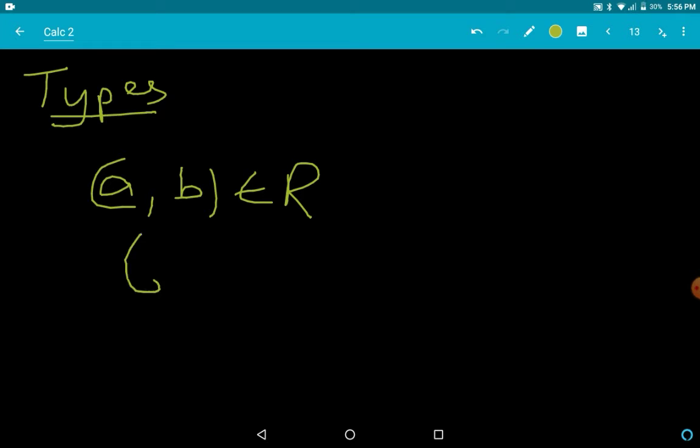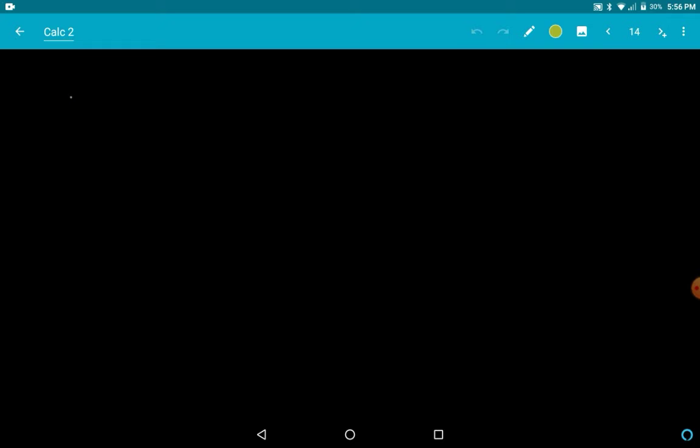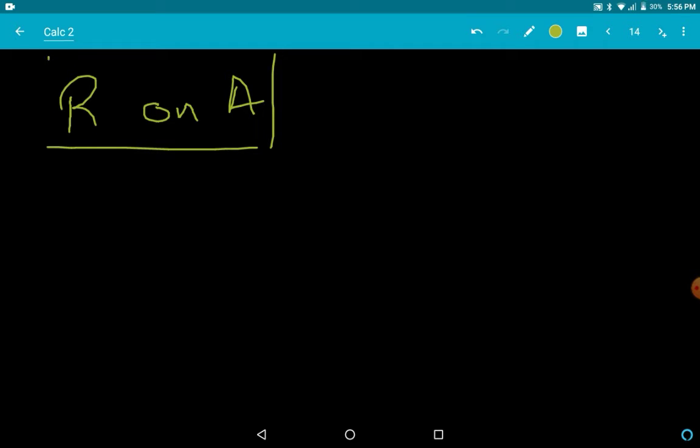This can easily be written as a R b, meaning a is related to b. Now if R is a relation on A, this is my fundamental property for now.